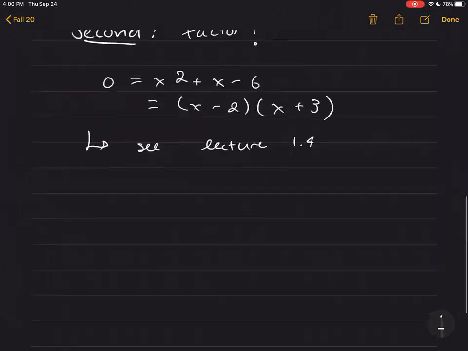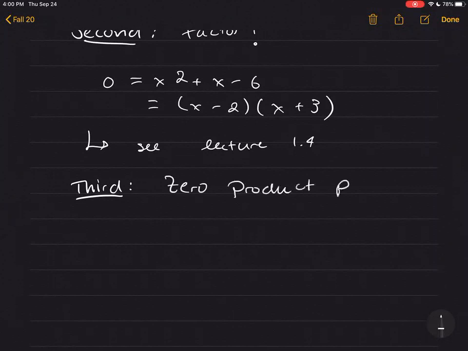Okay, so once you have factored, third, we use what's called the zero product property.